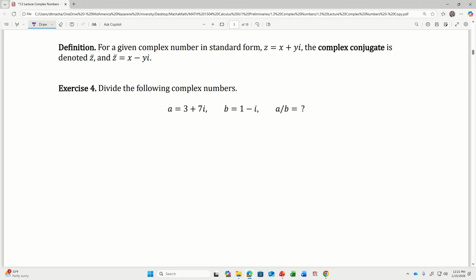This definition says, for a given complex number in standard form, the complex conjugate is given by this little overbar. The overbar means conjugate, and the only difference is the plus or minus sign changes on only the imaginary part.